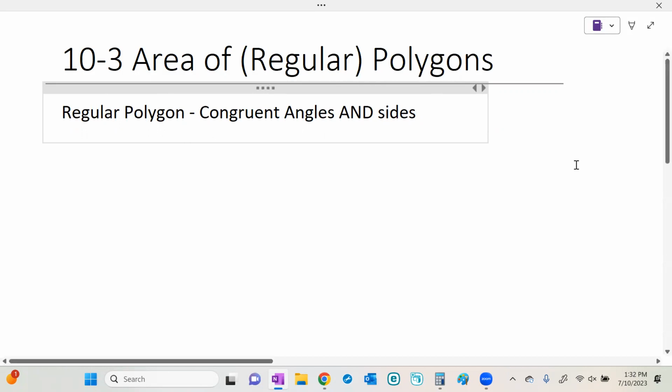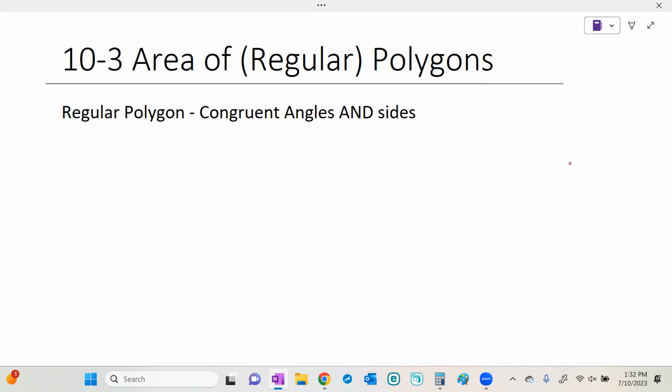This will get us a hexagon or an octagon, a decagon, any sort of regular shape. In fact, there's going to be a lesson where they make up crazy ones, like you're going to find the area of a regular polygon that has 42 sides, or 57 sides. It's not that hard. You just have a formula that you're going to use with it.